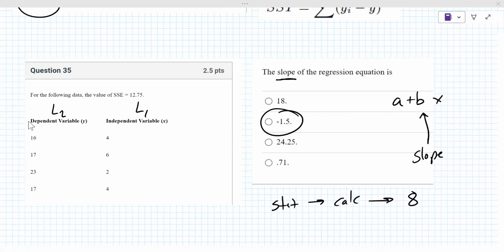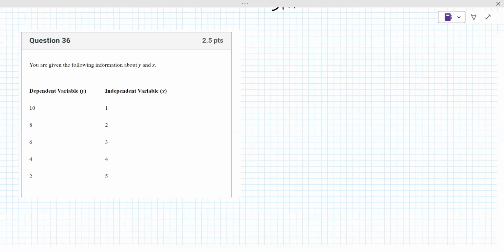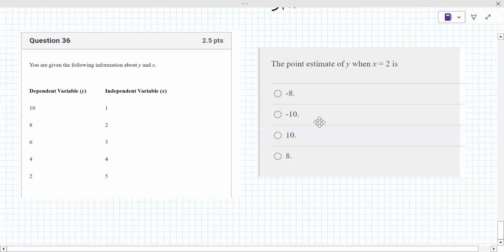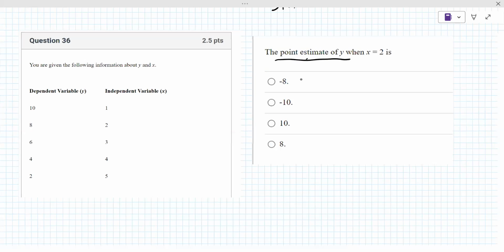All right, number 36. You're not getting the same values, so you've got to recalculate, unfortunately. What they're asking when they say the point estimate of y when x equals 2 is for you to use the equation that you find to estimate it.